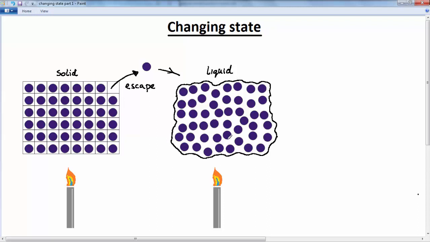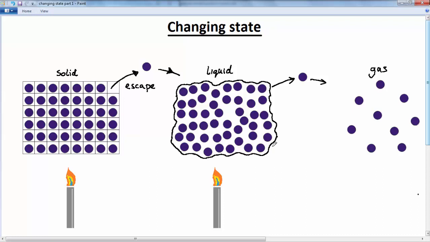But as we heat them more, they'll start moving around faster and faster, and eventually, yippee, they start to escape, this time into the gas state.